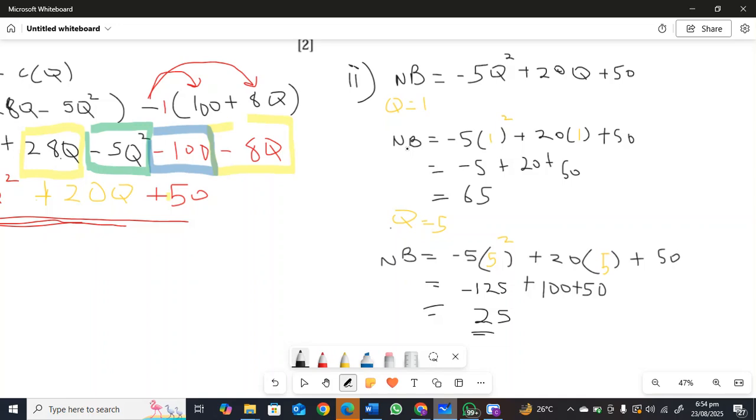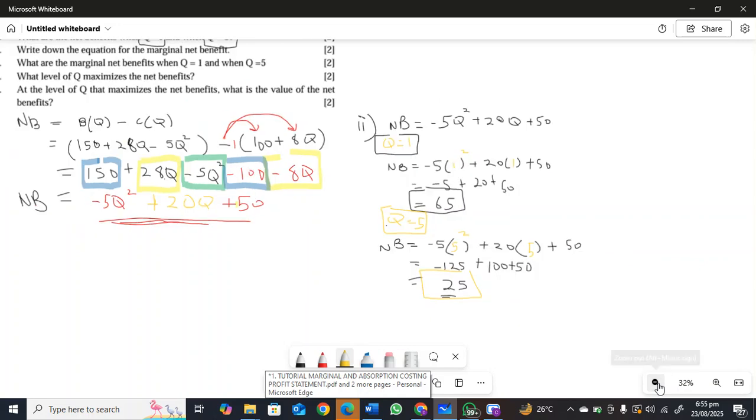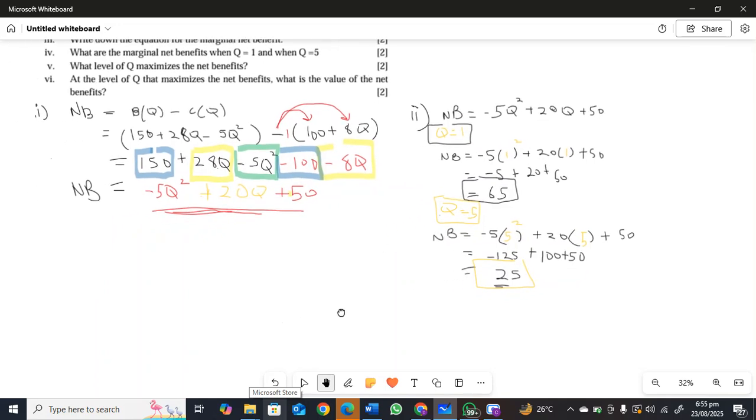Look, at production Q equals 1, net benefit is 65. When we bump up production to 5 units, our net benefit becomes 25. So what we can see is that as you increase production, the net benefits are reducing.